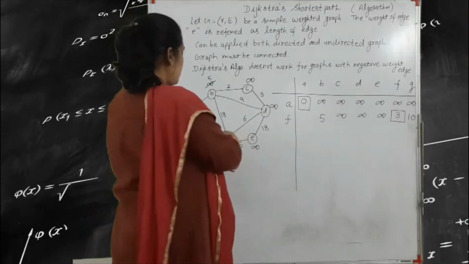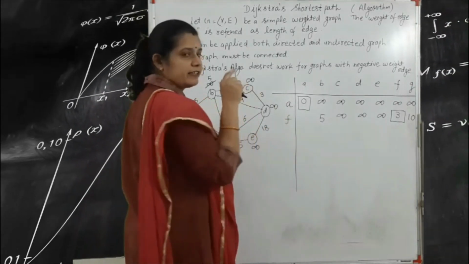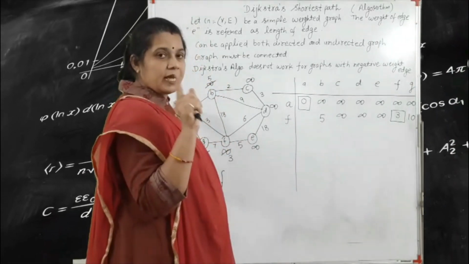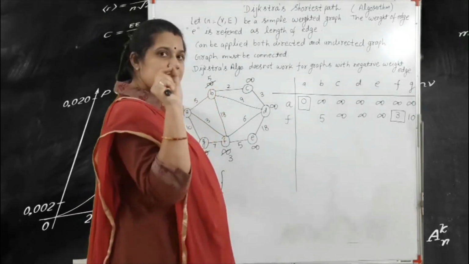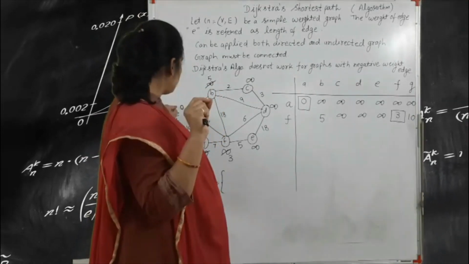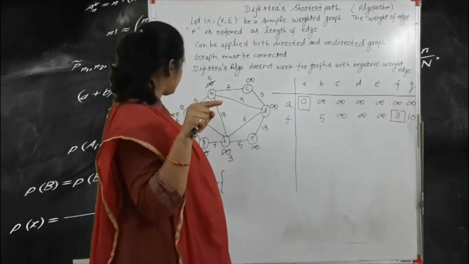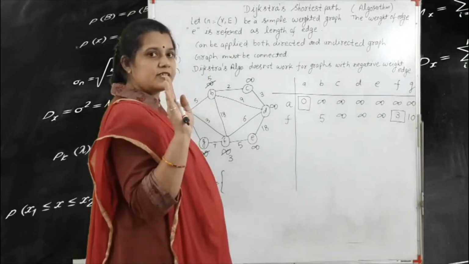So for F to A, here we do not write the 0, because 3 plus 0 is equal to 3. And always keep in mind, you always write the smallest value. So obviously we write here the 0 value, and if we write 3 plus 0, the total value is 3.